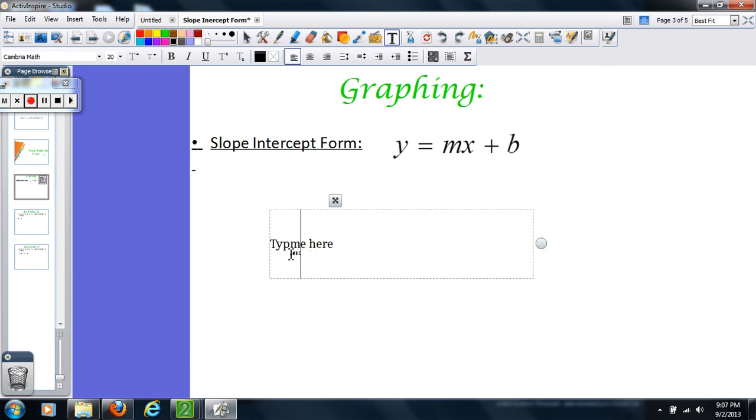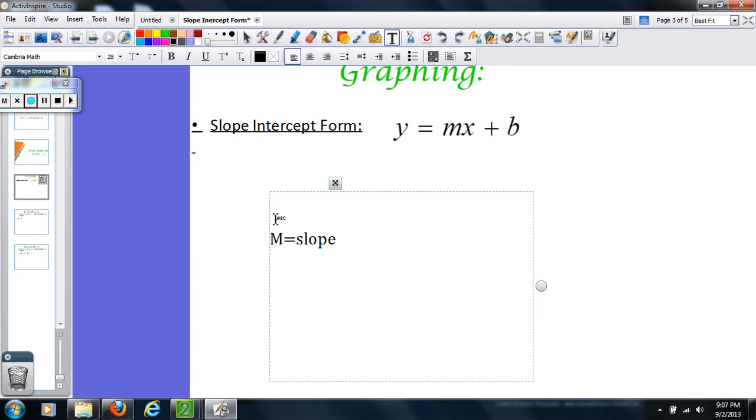mx plus b. In that, m is going to be your slope, and b is your y-intercept.